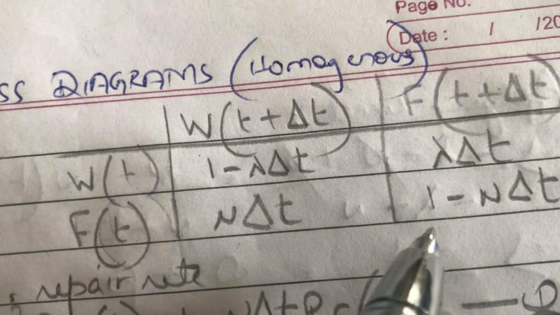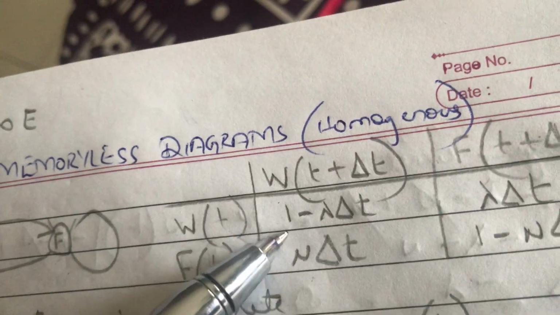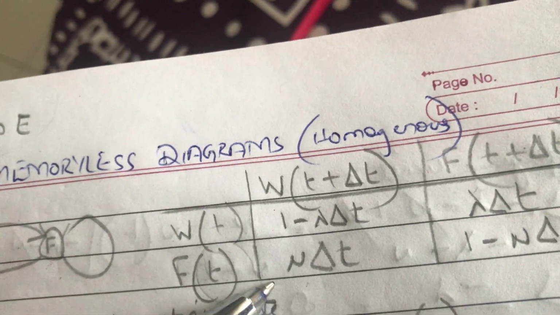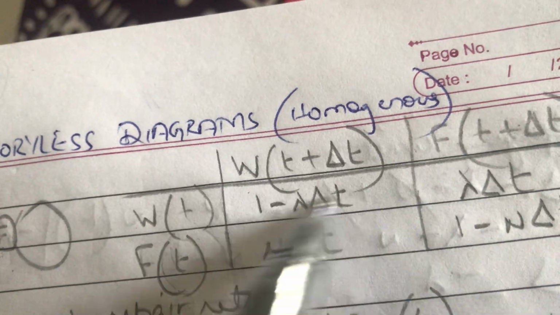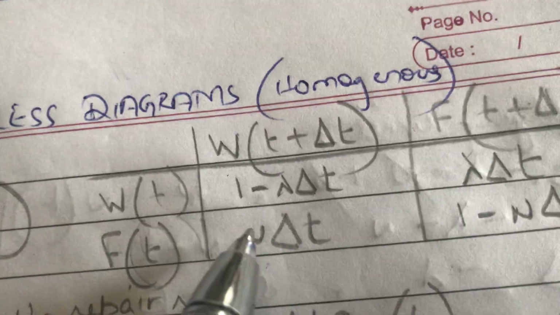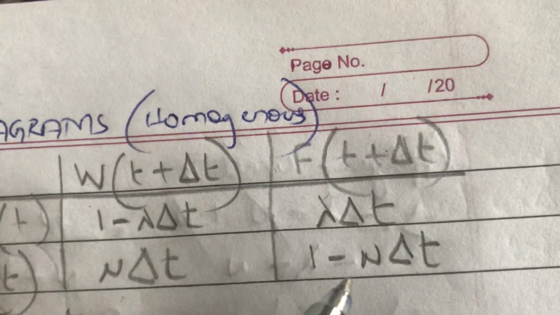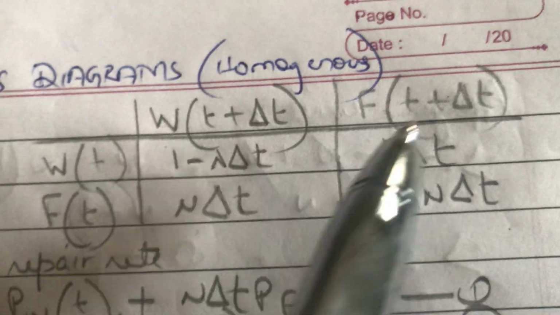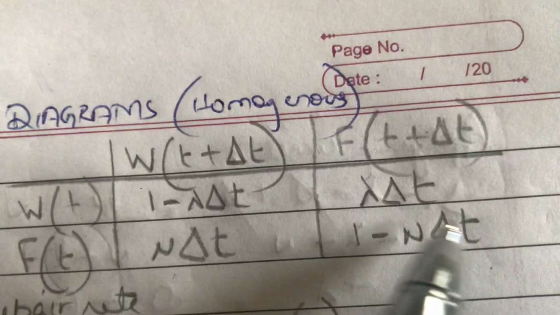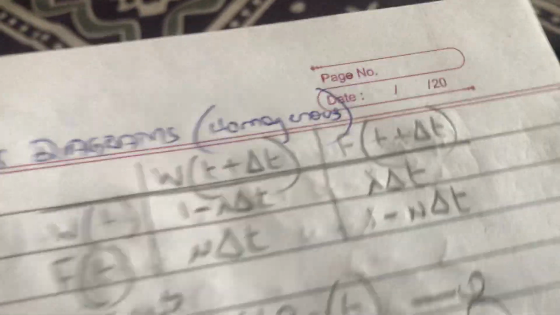But when we go from failure to working condition, we come here. So first we are going to repair our item. We were repairing our item, so by going to repair, it was mu delta t. Mu is the repair rate, and when we were not repairing our item, we were still in the failed condition, so we keep it as 1 minus mu delta t, as the item has not started to get repaired.